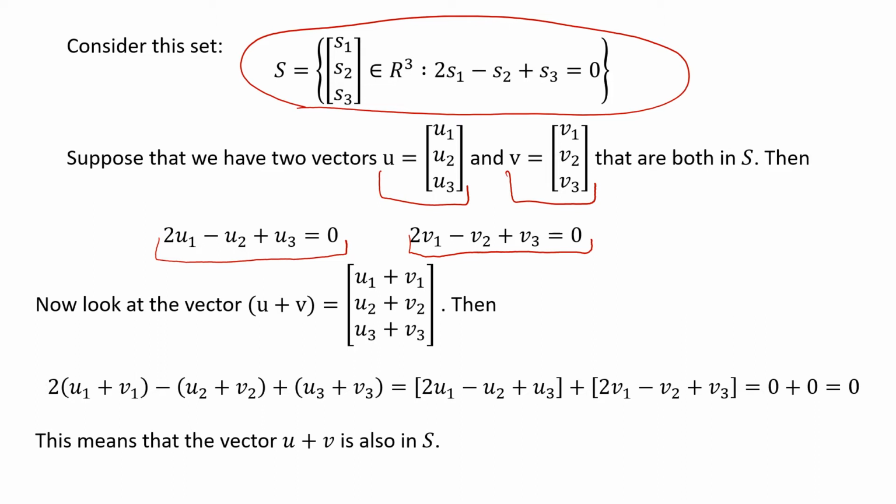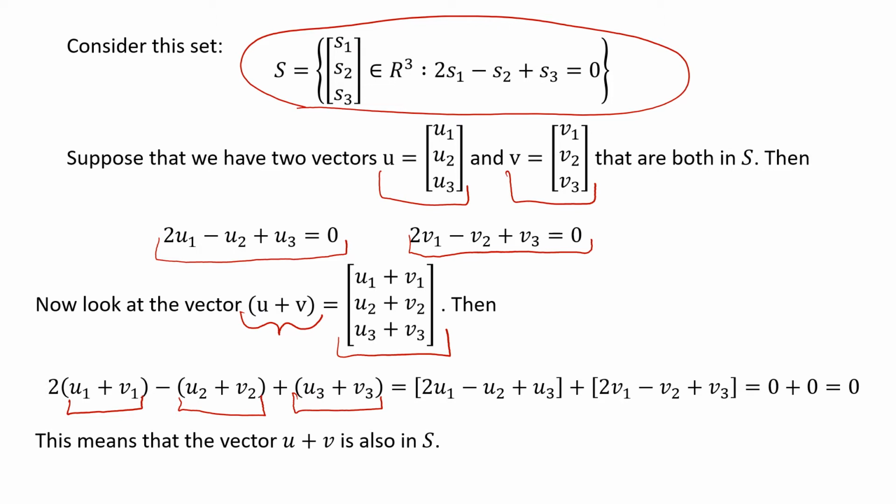But now what happens if I add them together? Take the vector u plus v. You add them together, and you get that vector. What happens to that vector? Take the elements from this vector and plug them into the equation: 2 times the first element minus the second element plus the third element. What do you get? Rearrange them a little bit.